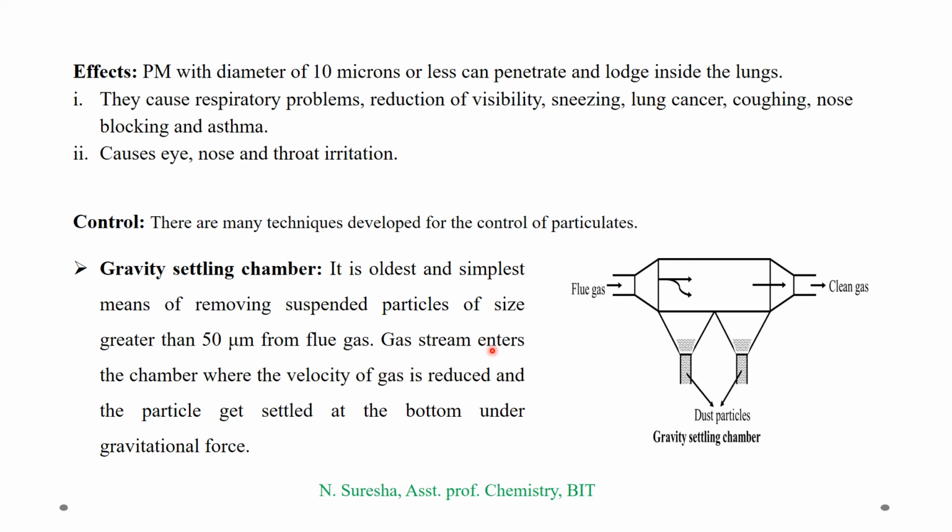The gas stream enters the chamber where the velocity is reduced, and the particulate matters present in the flue gas move downwards through gravitational force and collect at the bottom, and the clean gas can be released into the atmosphere. This is the simplest and oldest method.